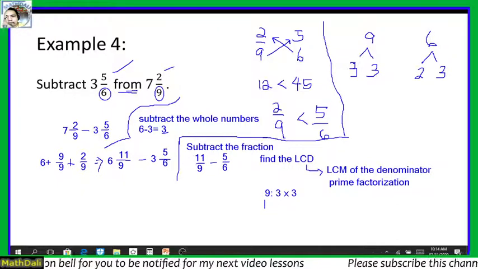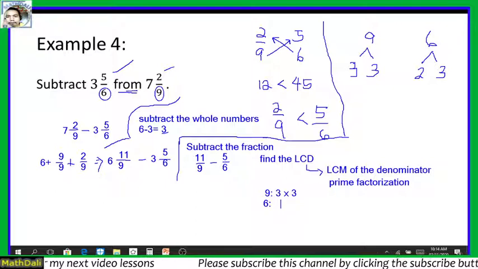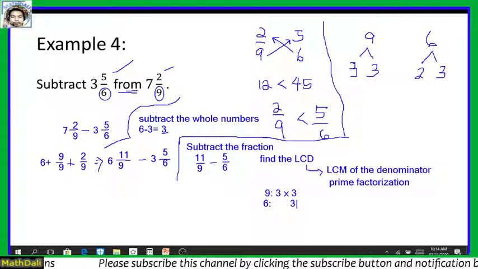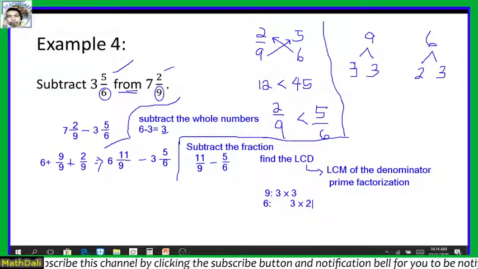Prime factorization kasi ang mga factor natin dito ay mga prime numbers. So we have 3, yung isang 3 tatapat natin dyan. Multiply 2, we have 2.